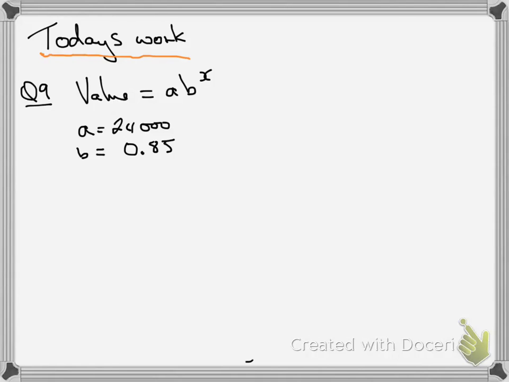Now you might say, how did you get that value of 0.85? Well, have a look over here and I'll go through it for you.